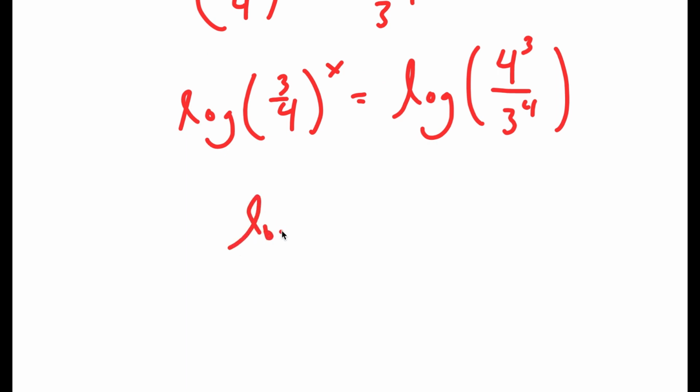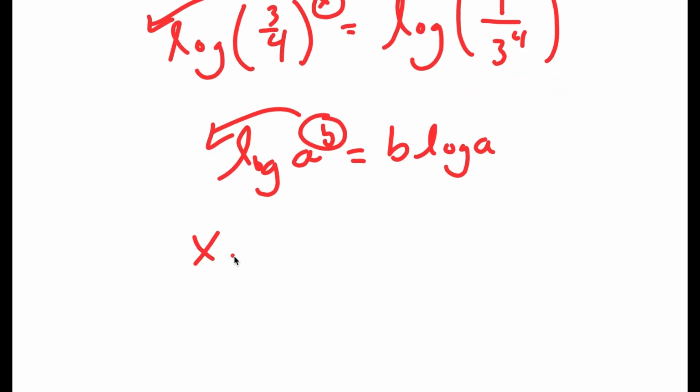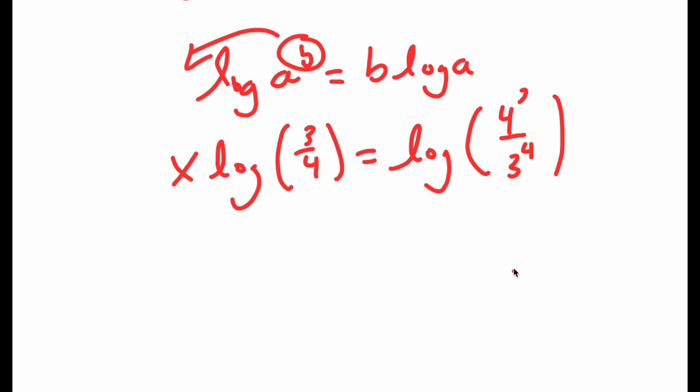Now if I have something in the form log a to the power of b, I can move this exponent b to the front. So it's going to equal b times log a. So in this case, I have log of 3 over 4 to the power of x, and I can move x to the front. So I get x times log of 3 over 4 is equal to log of 4 to the power of 3 over 3 to the power of 4.